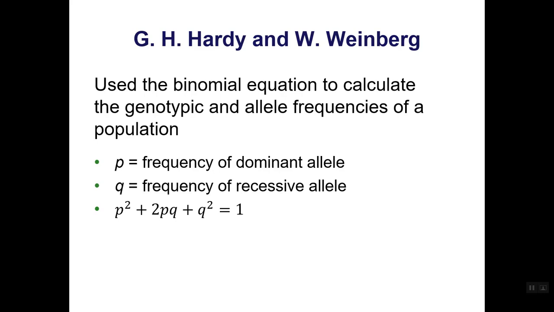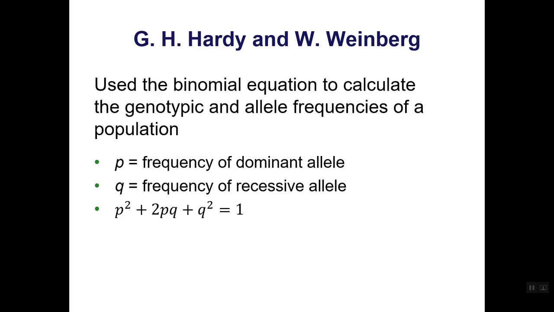Another formula that is utilized to show this mathematical data was created by Hardy and Weinberg. So we call this the Hardy-Weinberg formula. These two individuals used this binomial equation to calculate genotypic and allele frequencies of a population.